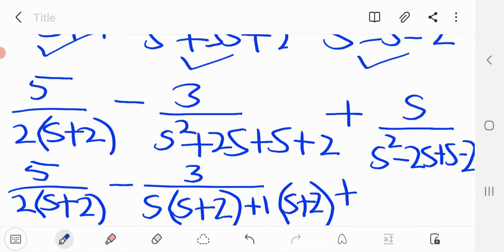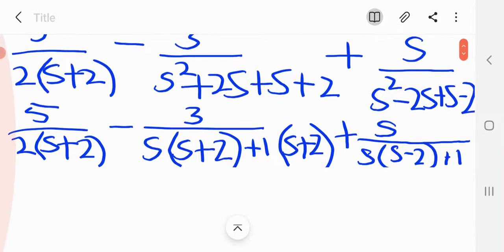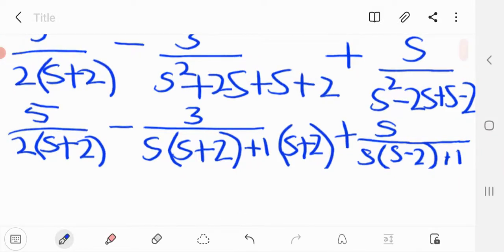Next, plus s divided by s square minus 2s: s is common, the remaining is s minus 2, and in the last pair, plus 1 is common, so in the bracket we will write s minus 2.